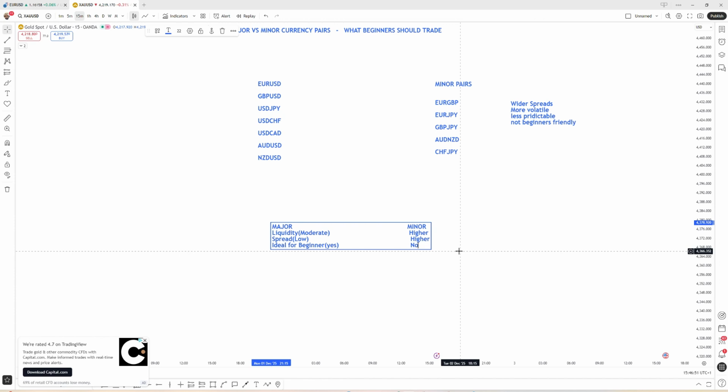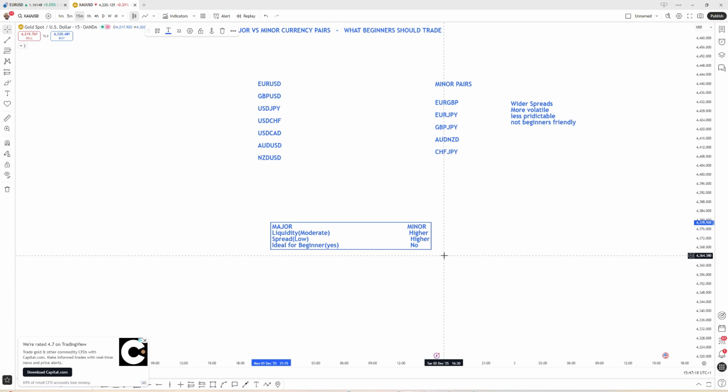So that is it. And major pairs are smoother, they are cheaper in terms of execution cost. What is this cost? When you sign up with a broker, you can only trade these pairs, either major or minor.